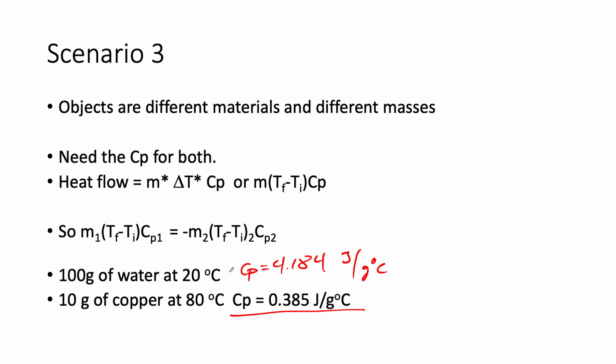And I'm going to use this same relationship again. Remember, the heat lost from copper is equal to the opposite of heat gained by water. And we can have this on either side, doesn't matter. So we're going to pick the left side as copper, the right-hand side as water.